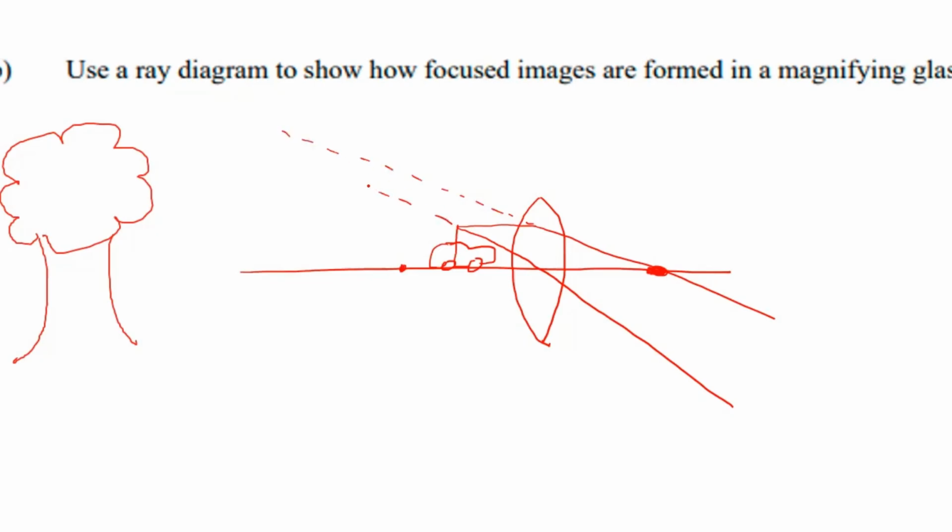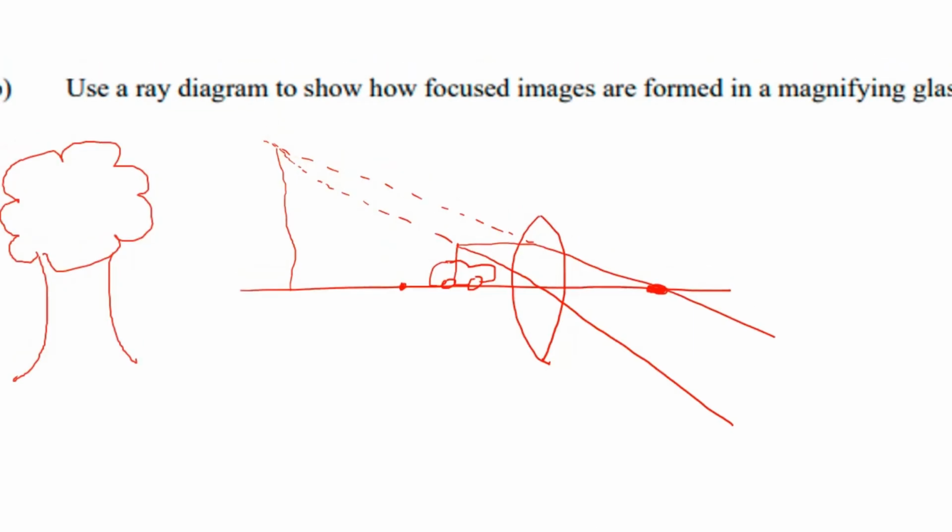And wherever those broken lines converge, that is technically where the image will be. So your image is going to be located around this region, magnified, because remember it's a magnifying glass. I'll just quickly show you what it looks like in the study guide, which is practically the same thing.